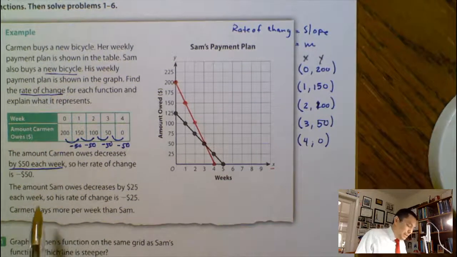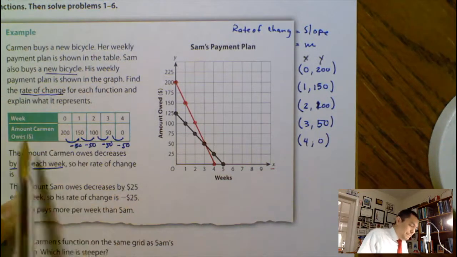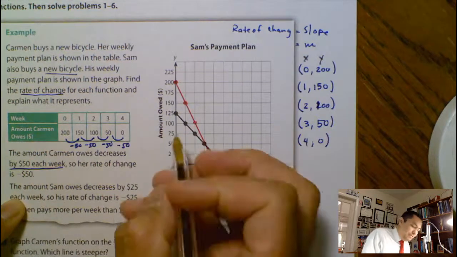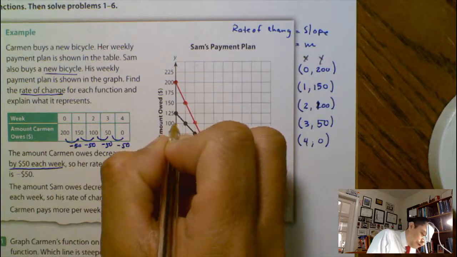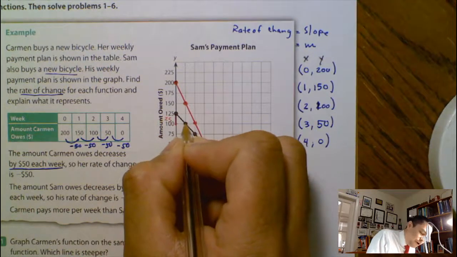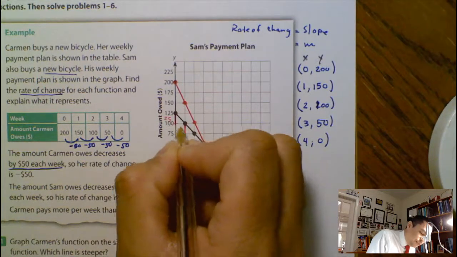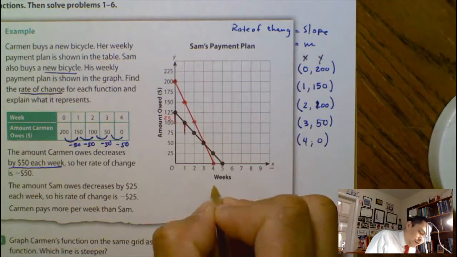Now the amount Sam owes decreases by 25. Look at this one. I go from 125 to 100. That's 25. Then from 100 to 75. That's 25. That's the rate of change because it's rise over run.